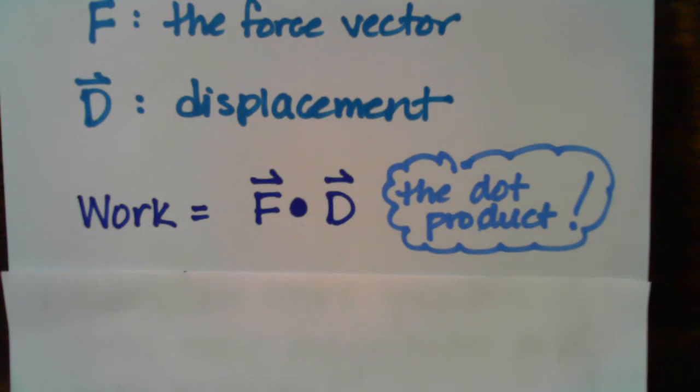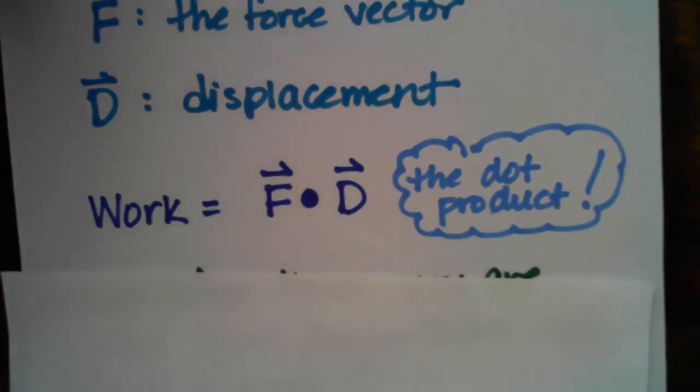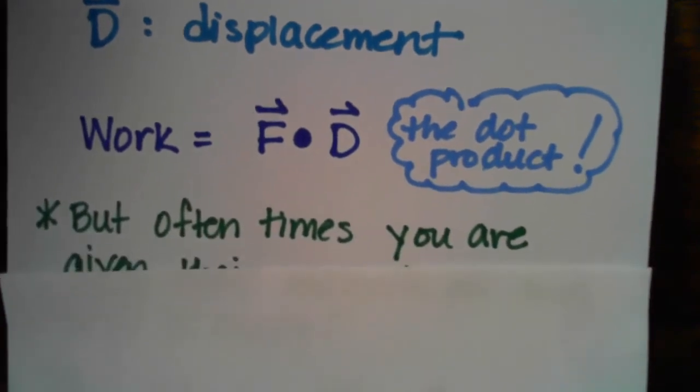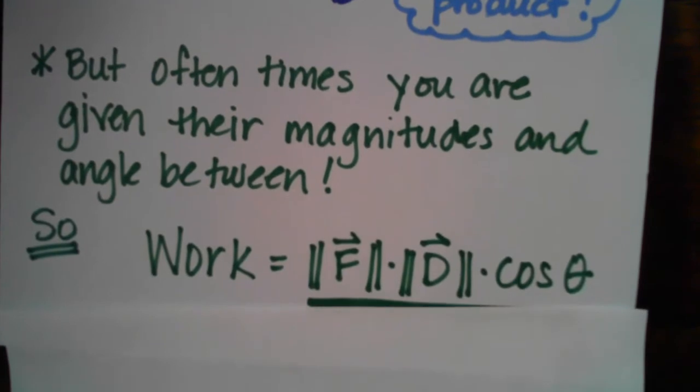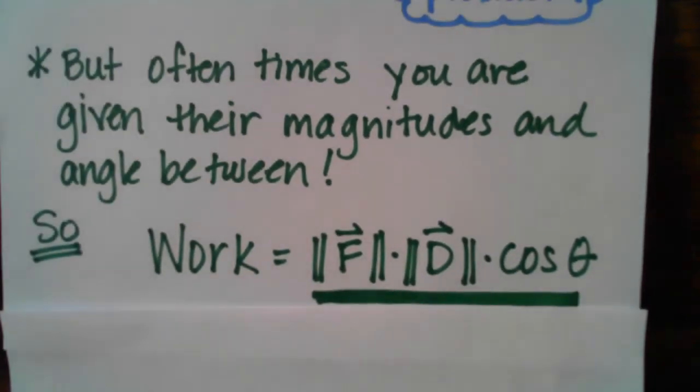It's an action in the real world, and we don't have the components for the vectors. We have their magnitudes and direction. So oftentimes you're given their magnitudes and the angle between them, so you would use this formula. While we do say that the dot product is work, this is typically the way we're going to compute to find work.